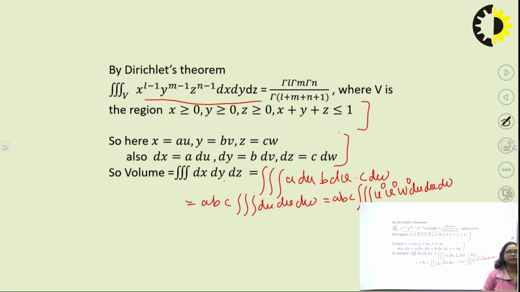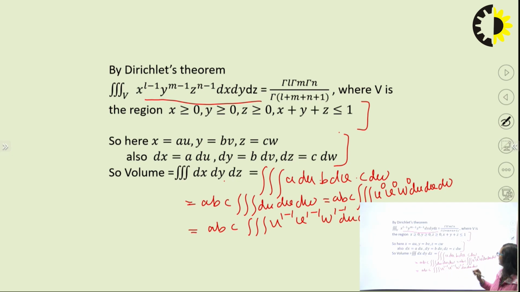And 0 I need to write in the form l minus 1, m minus 1, n minus 1. So in the next step, I can write this as abc triple integral u to the power 1 minus 1, v to the power 1 minus 1, w to the power 1 minus 1, du dv dw.